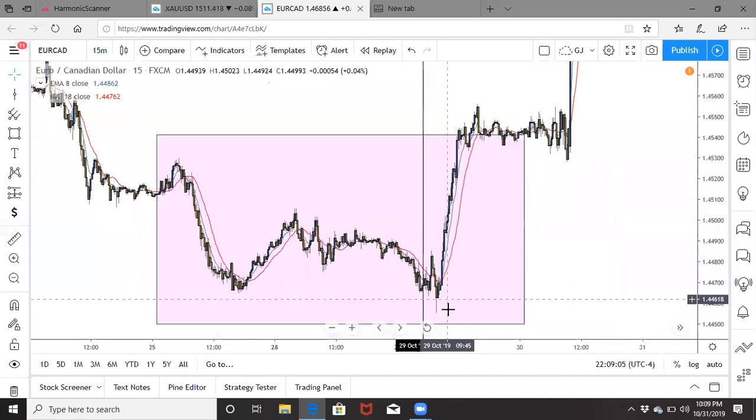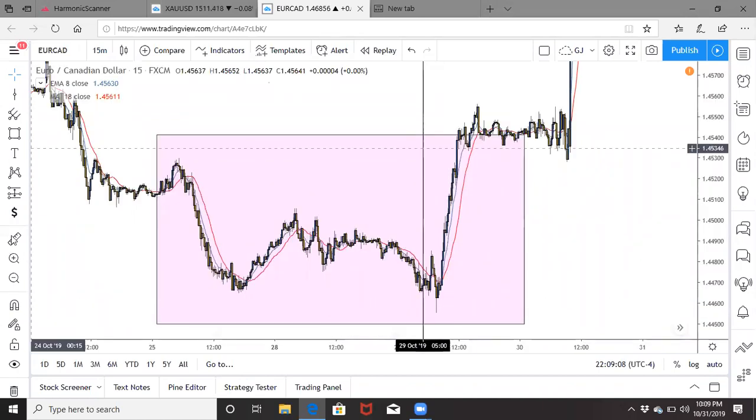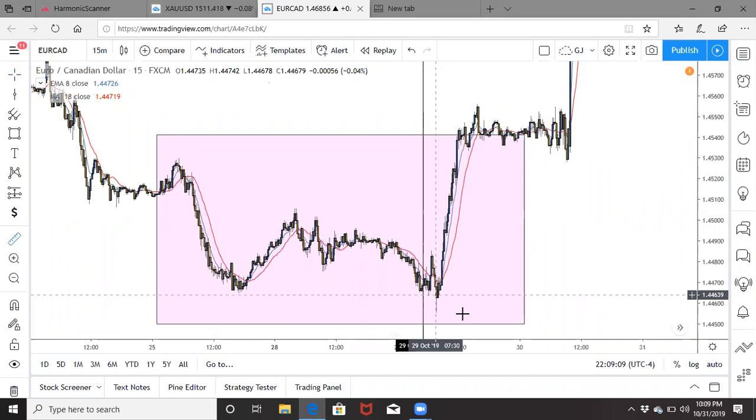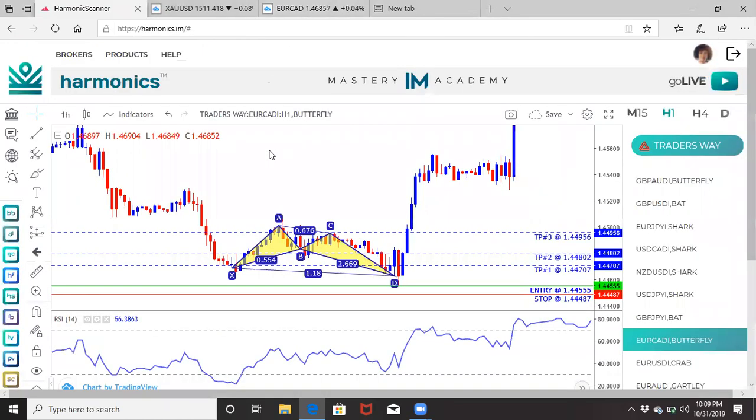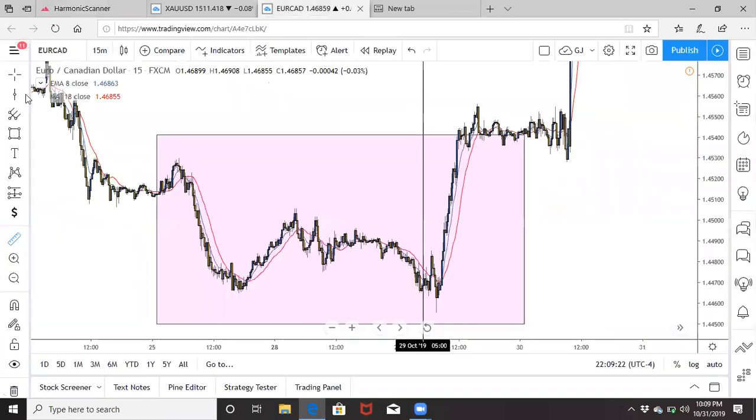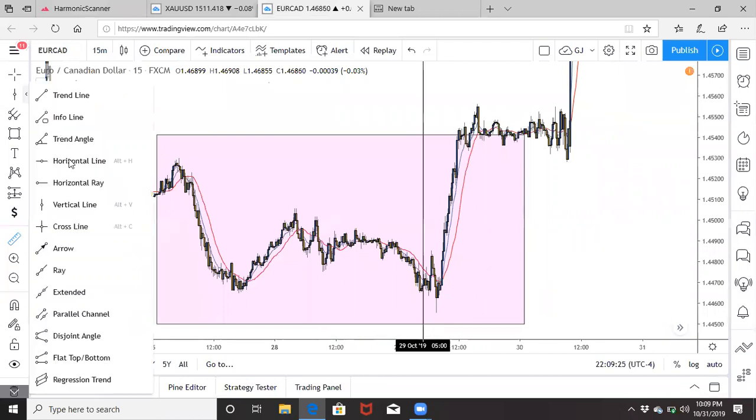What is this? How much is this? Hold on, y'all, one second. Let me measure something real quick. 11. All right. Where's the stop loss? 1.4487. Let me mark up this stop loss real quick, y'all.